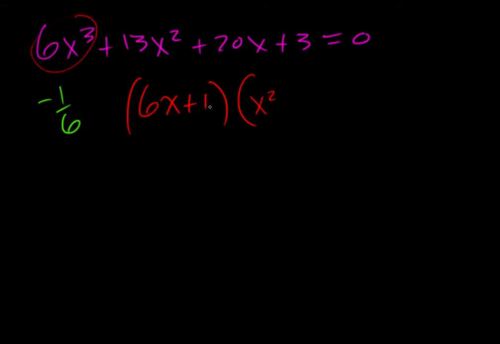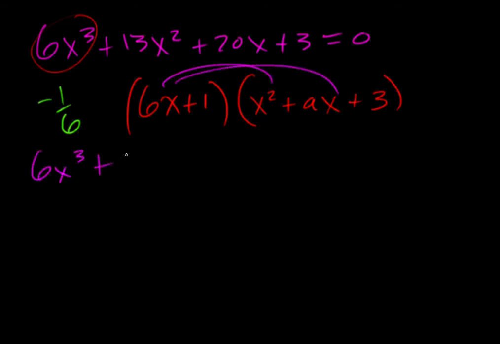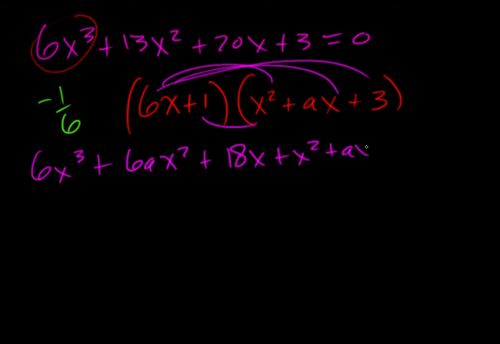And then we know the last one, it's a 1, so we have to multiply that by a 3. And then there's some middle term that we don't know. Okay? So we're going to multiply this out. We're going to say 6x cubed plus 6ax squared plus 18x plus x squared plus ax plus 3. Those are all multiplied by 1, so that's pretty quick.